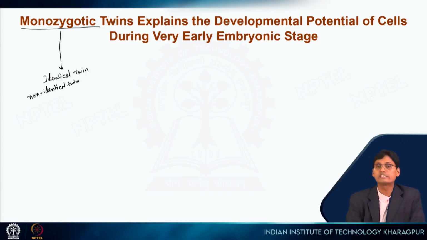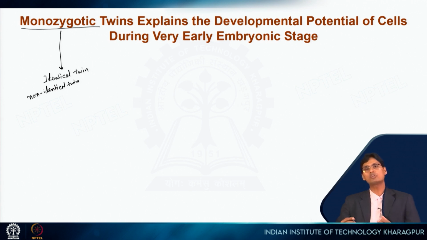But now, how does this monozygotic twin actually develop? After fertilization, when the zygote forms and is getting divided, at a very early stage, around 8 to 16 cell stage, accidentally it can happen naturally also.